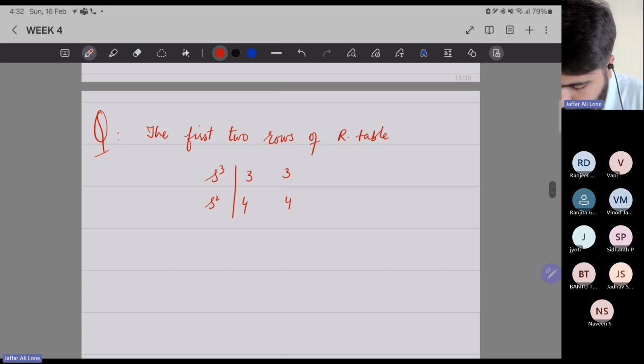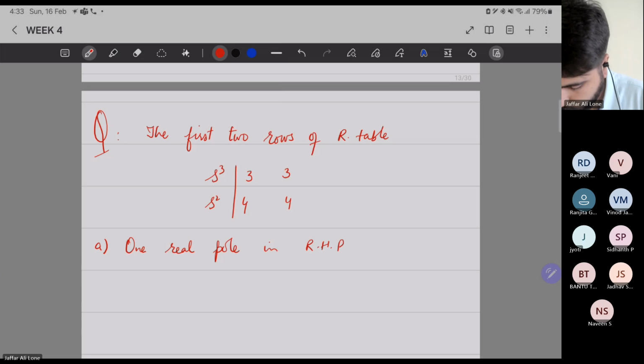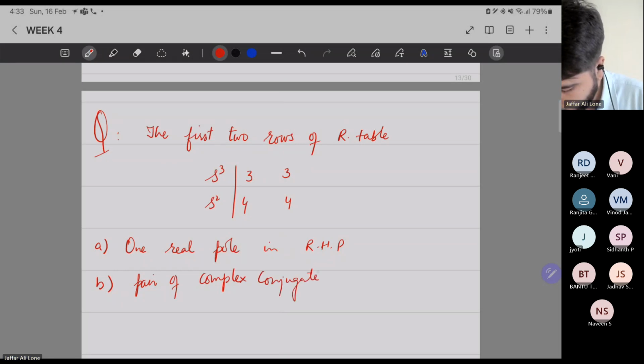Now, it can be inferred that option A, the system has one real pole in RHP. Option B, a pair of complex conjugate poles in RHP.